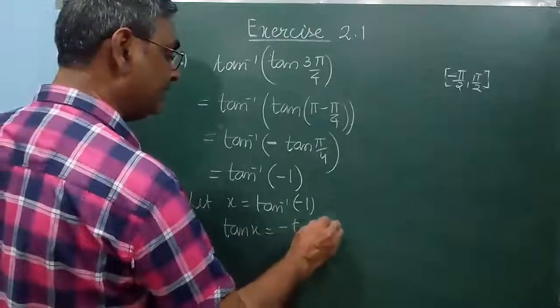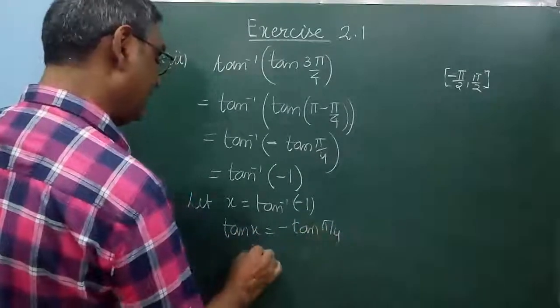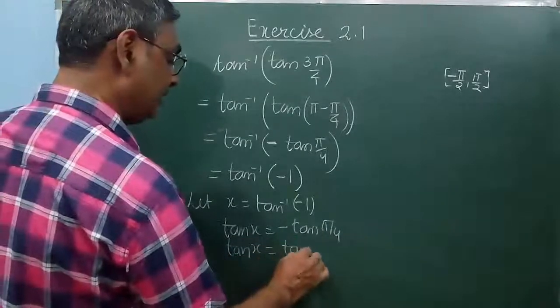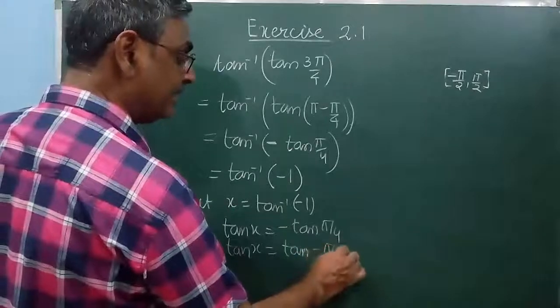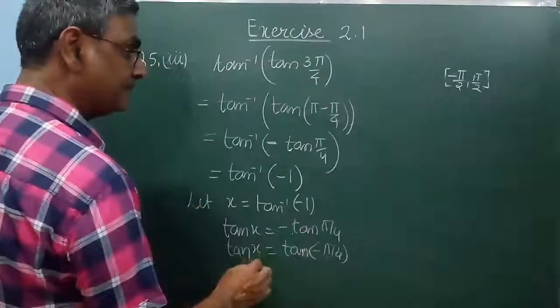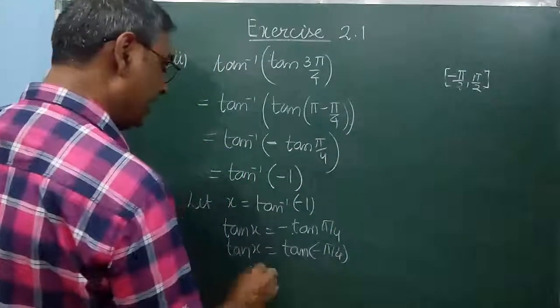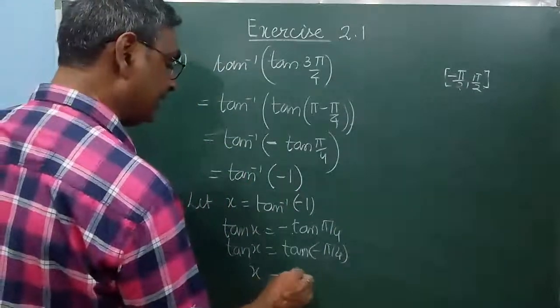So minus tan pi by 4, and tan x equal to tan of minus pi by 4, because tan of minus theta is minus tan theta, and this lies in between these two. So here x equal to minus pi by 4.